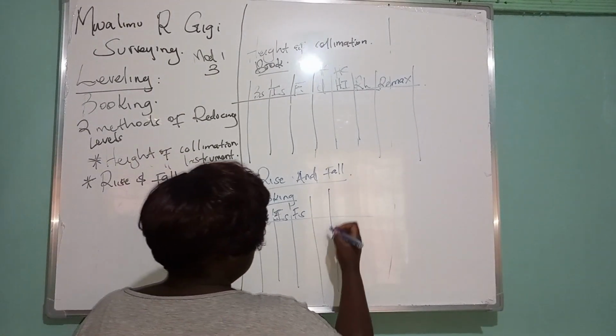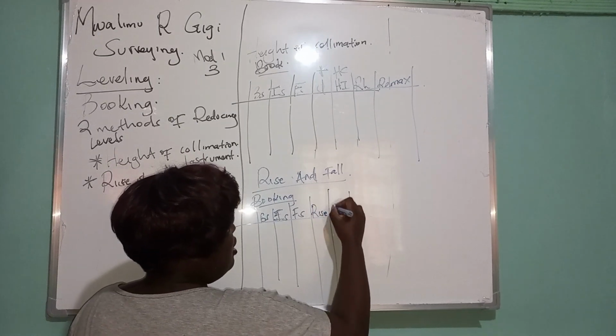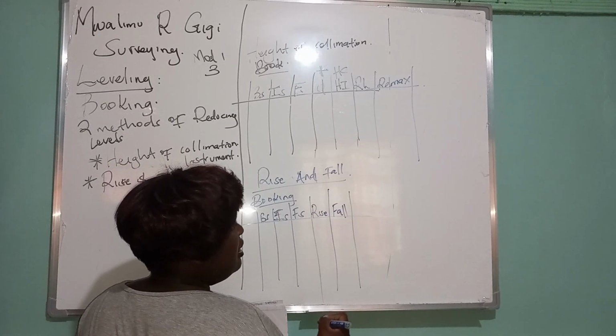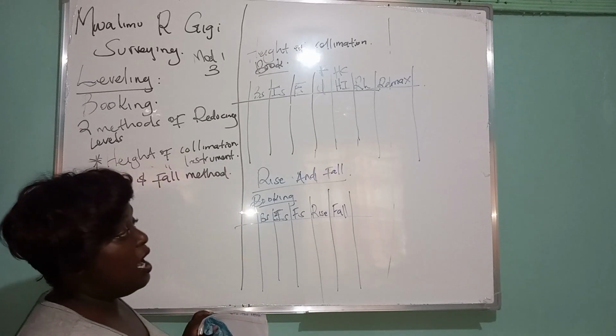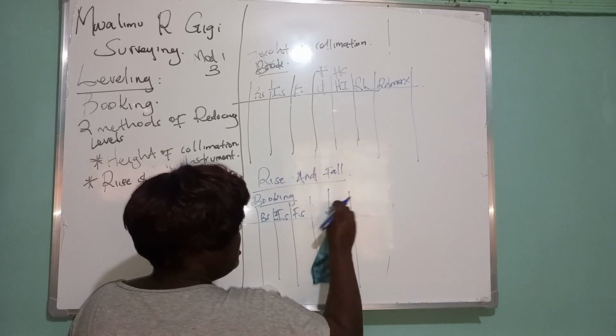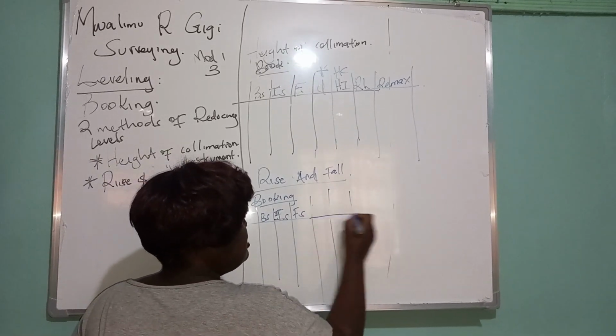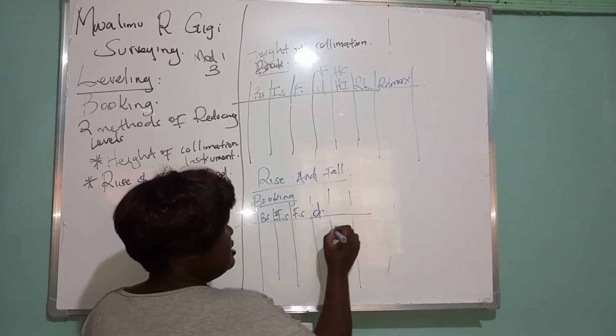And then you'll have the rise. Then you'll have a column for fall. Let me include the distance, but it's optional. So we can have the distance there.